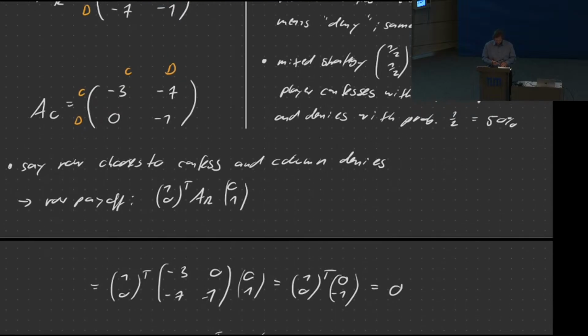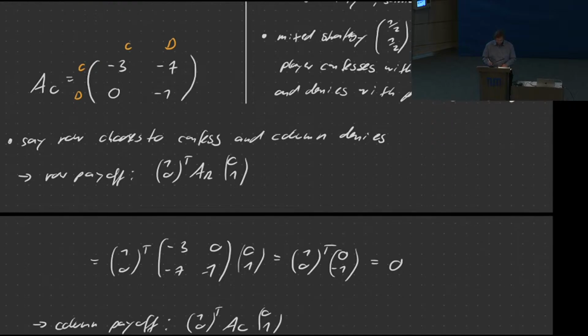Now let's take a look at the payoff. So let's say row chooses to confess, row goes here. Column chooses to deny. Deny is this strategy here, the second strategy. We're interested in computing the payoff of this situation for the row player, so we're using the row payoff matrix here. Let's first take a look at this part of the matrix vector multiplication.